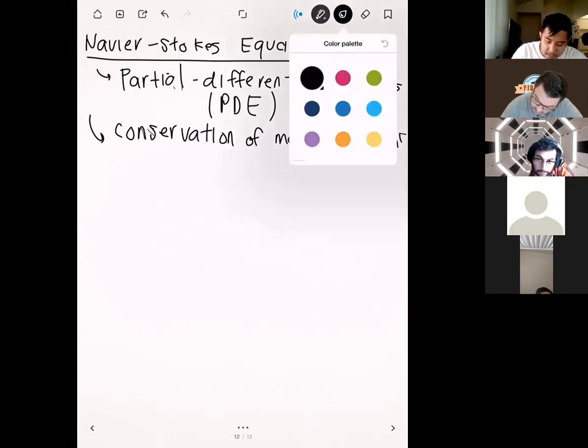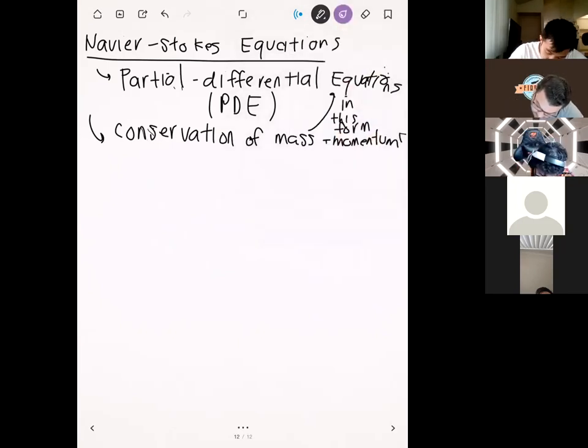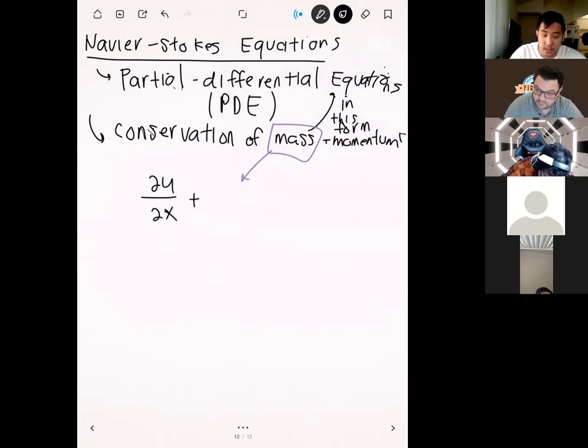Right, so let's start with mass. Mass is going to be given by the continuity equation. I think we went through this at the very beginning of last week. The conservation of mass is going to be given by this: the divergence of the velocity field.